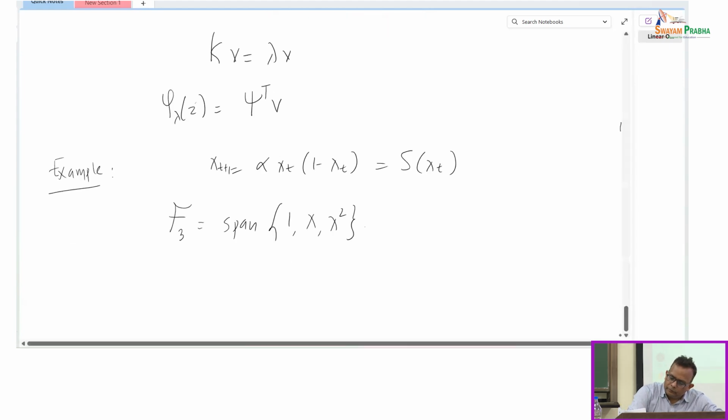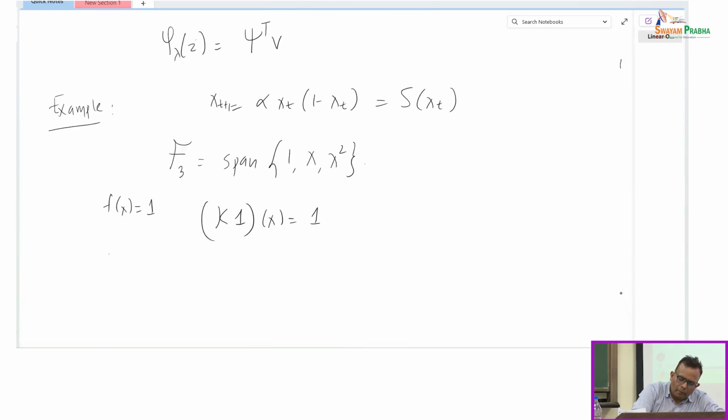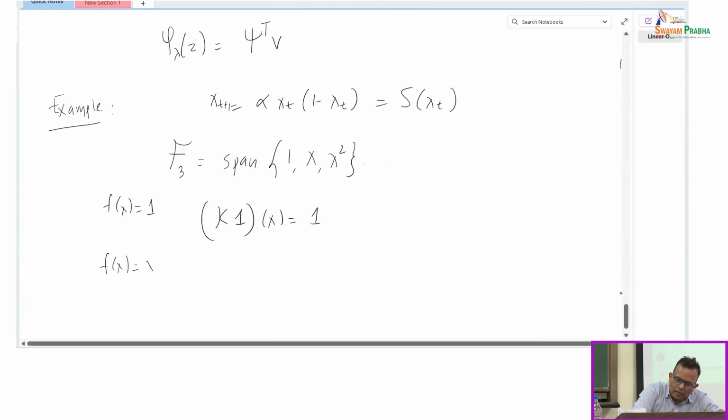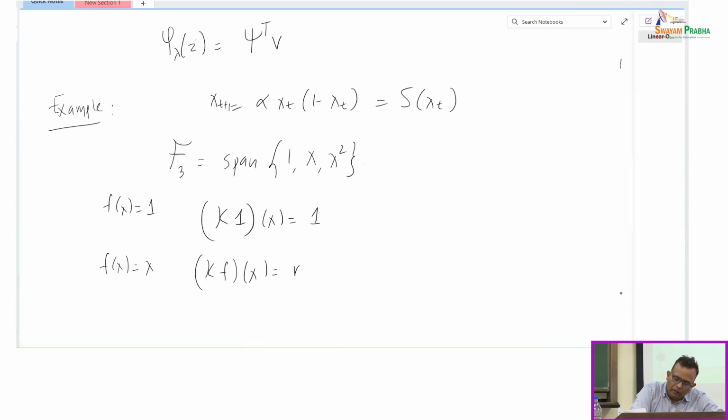So the first, psi 1 of x equals 1, right? Psi 2 of x is x, so the Koopman of psi 2 is alpha x times 1 minus x, which is alpha x minus alpha x square.